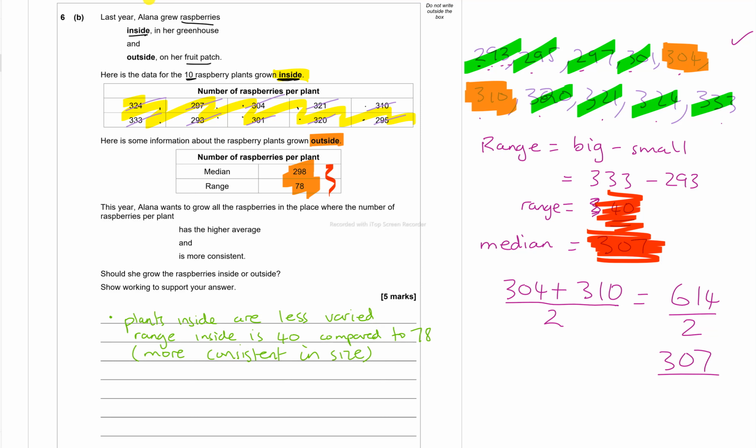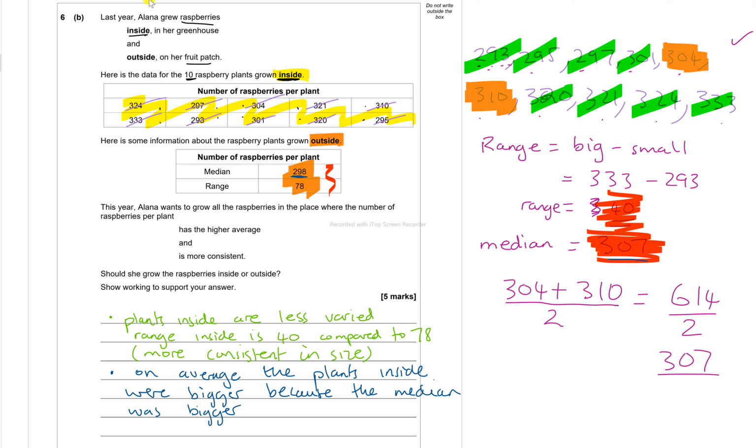Right, and then if we compare the medians, that median and that median, we can say on average the plants inside were bigger because the median was bigger.